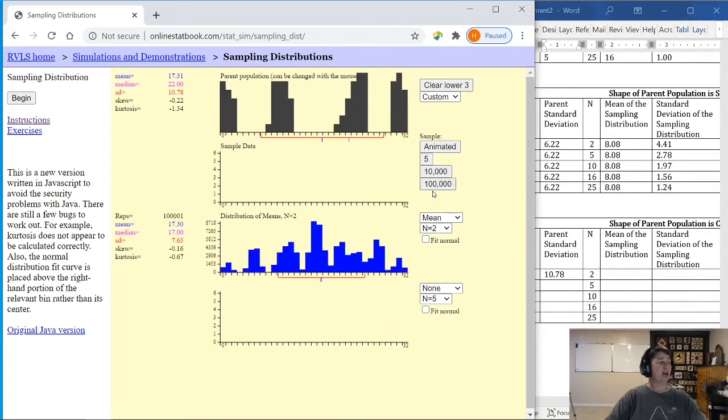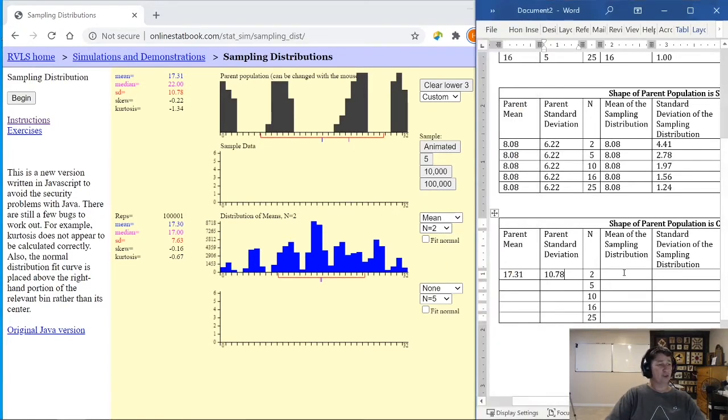I'm going to do that 100,000 times. When I do that with a really small sample size, this still looks fairly similar to its parent. It's got a few more bumps in there, but it's still really weird looking data.